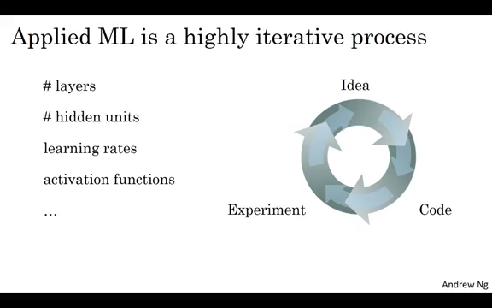Today, deep learning has found great success in a lot of areas, ranging from natural language processing to computer vision to speech recognition to a lot of applications on also structured data.